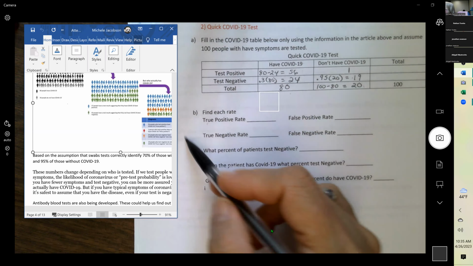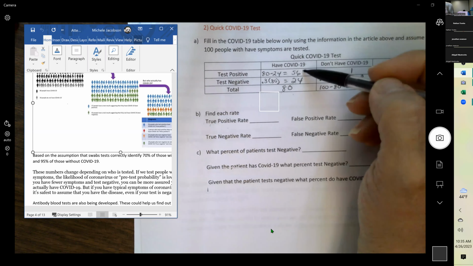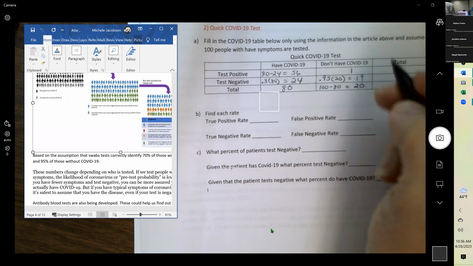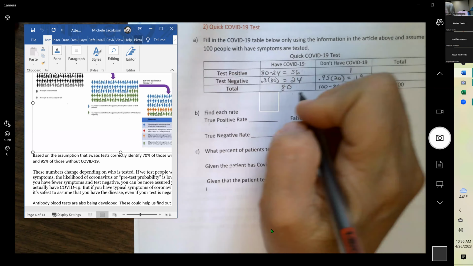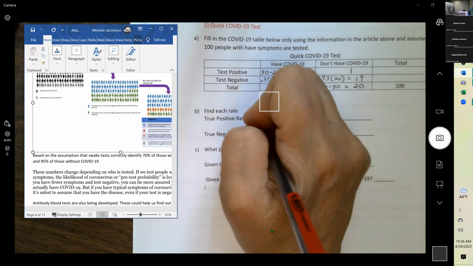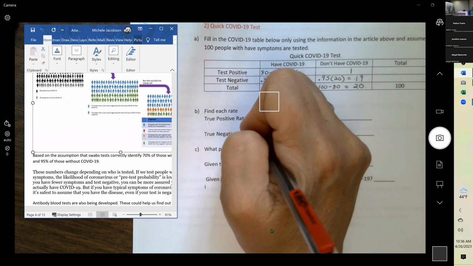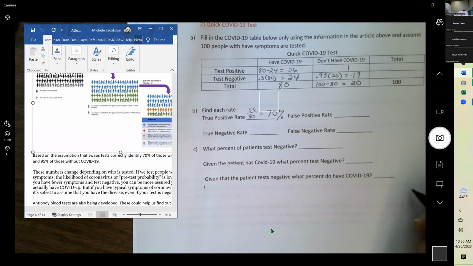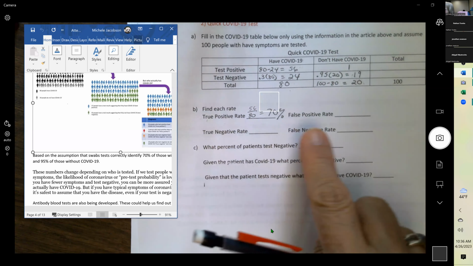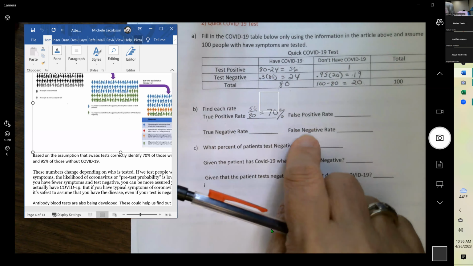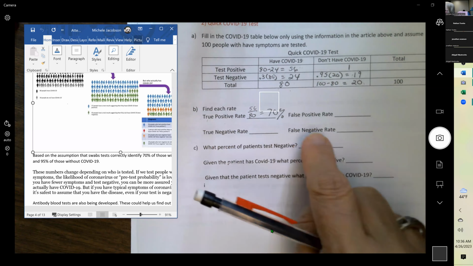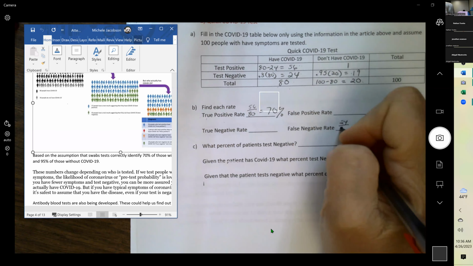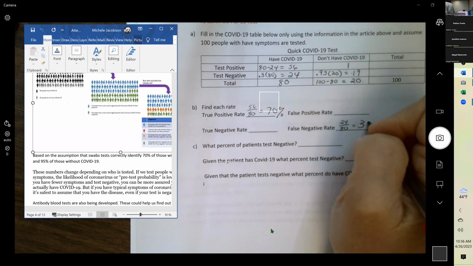Just like the last problem, true positive is here, and you divide by the total. And I think it also told us somewhere it was 70%, but 56 divided by 80. And a true positive and a false negative need to add up to 100%. False negative is here. 24 out of 80 is 30%.